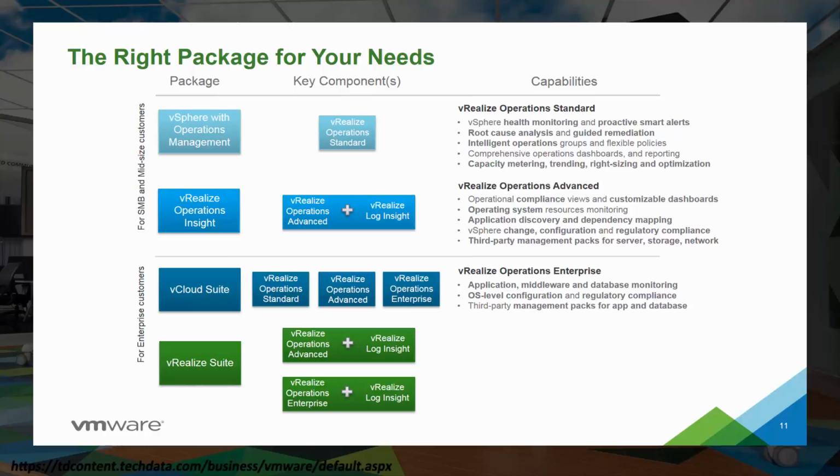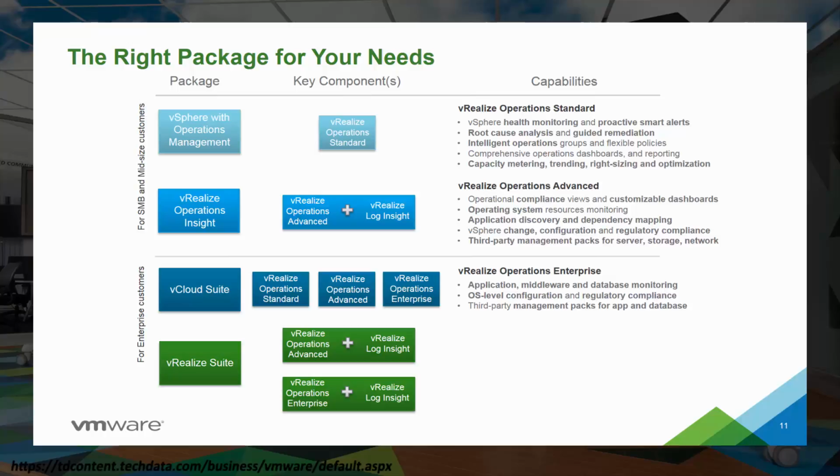vROPS can also be purchased as a part of the vSphere with Operations Management or vSAN bundle, the vRealize Ops Insight bundle, which is basically vRealize Operations with our Log Insight product together. Then we have the vCloud Suite, which is for a customer that has an all vSphere environment but wants to have multiple of our management products such as automation, business, as well as ops and insight.